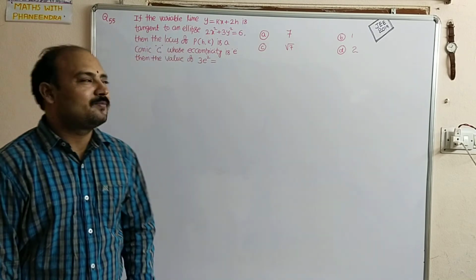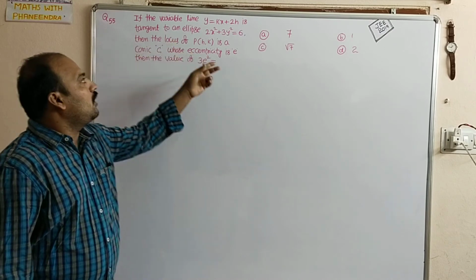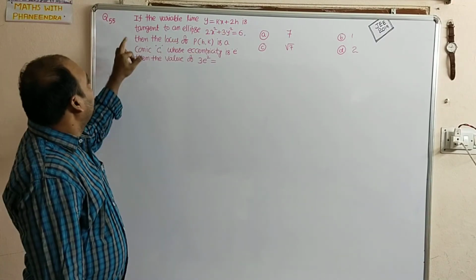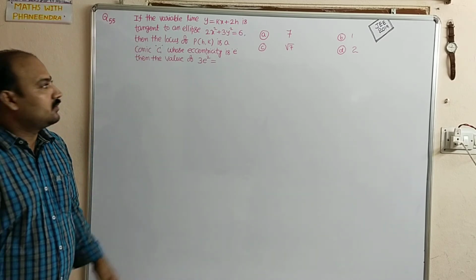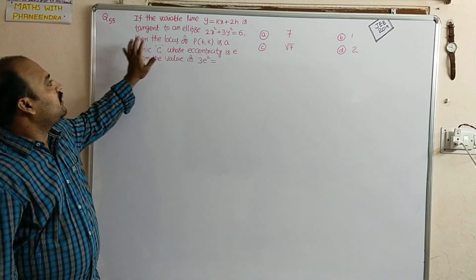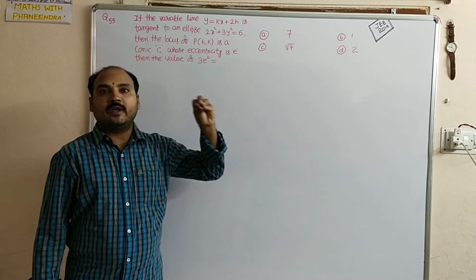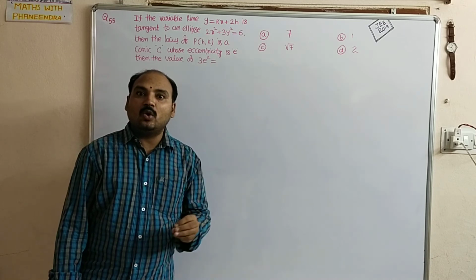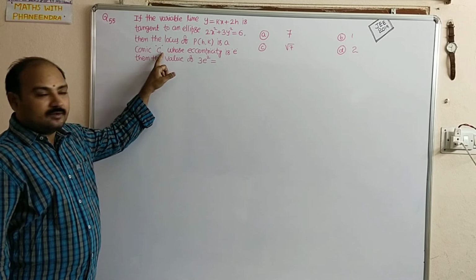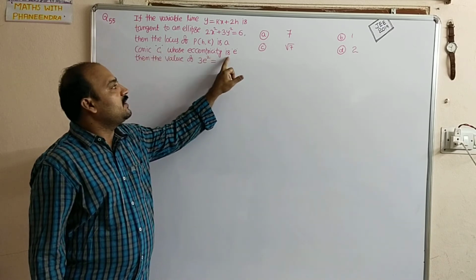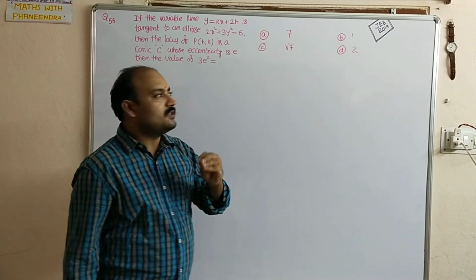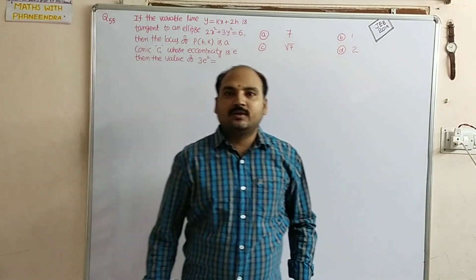The next question. If the variable line y is equal to kx plus 2h is a tangent to the ellipse 2x square plus 3y square equal to 6, then the locus of P(h, k) is a conic C whose eccentricity is E, then the value of 3E square equals, this is one of the JEE Mains questions.